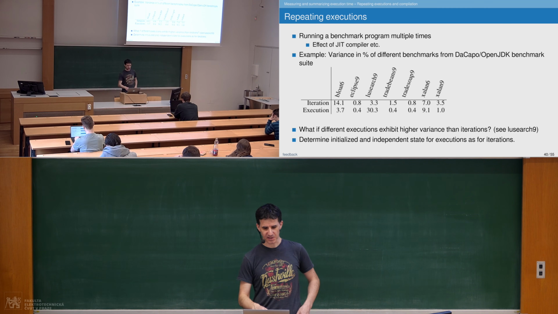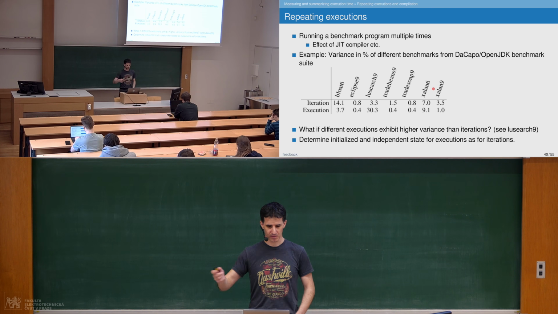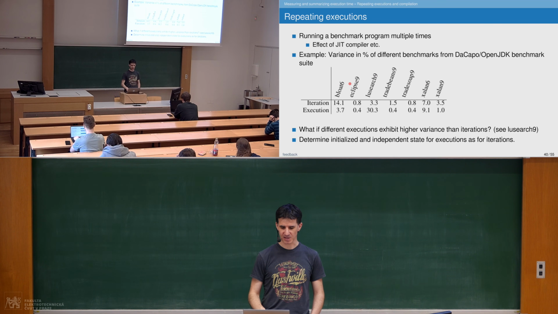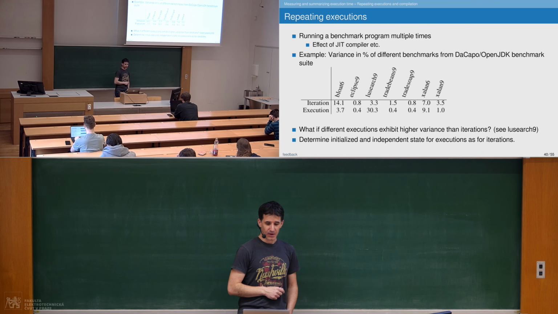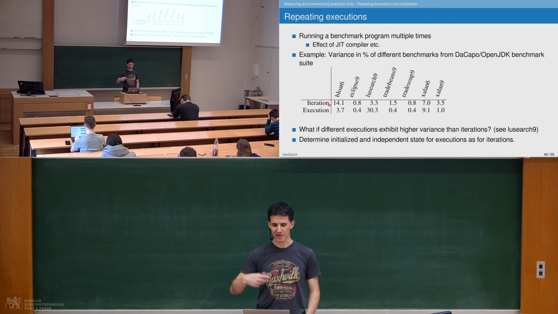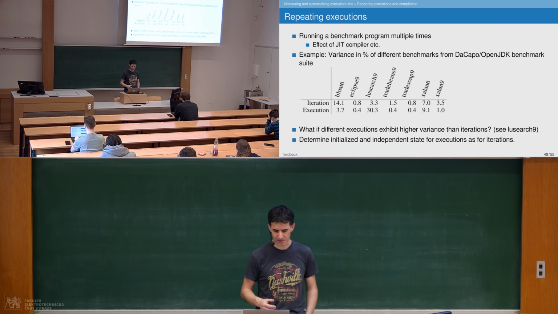To trust me that this is true, this is from a paper which you will work with at the exercise. Those are some benchmarks which they performed, and they calculated the variance in different iterations in their benchmarks.